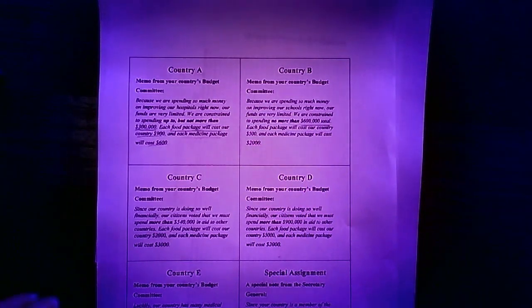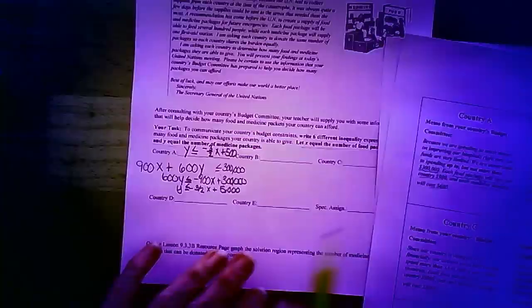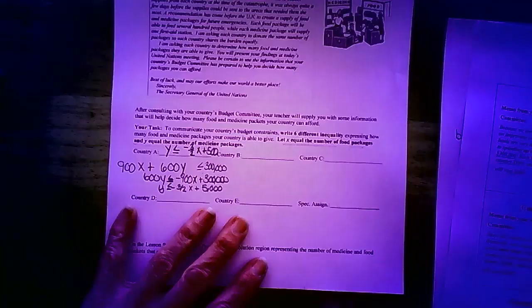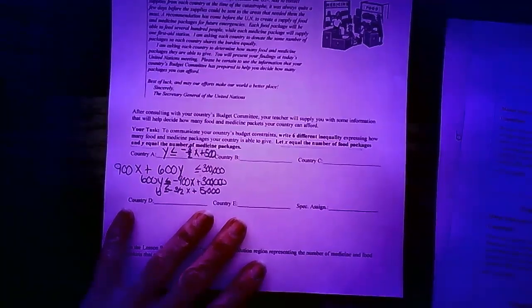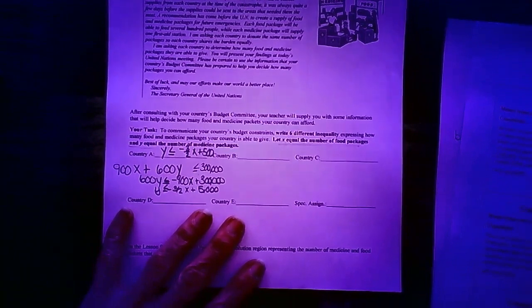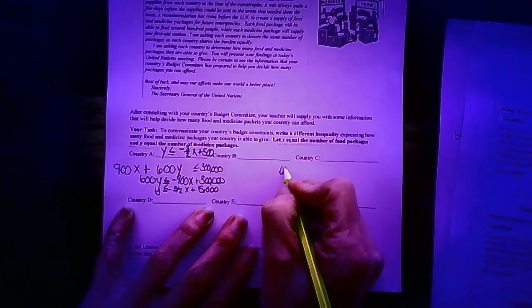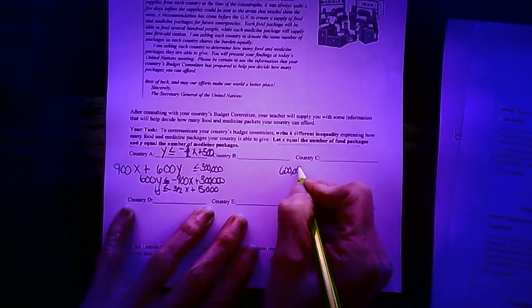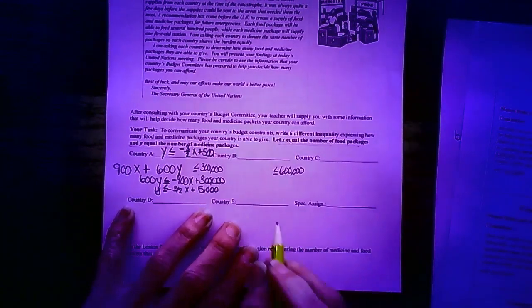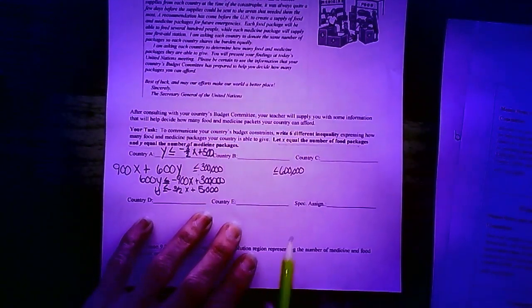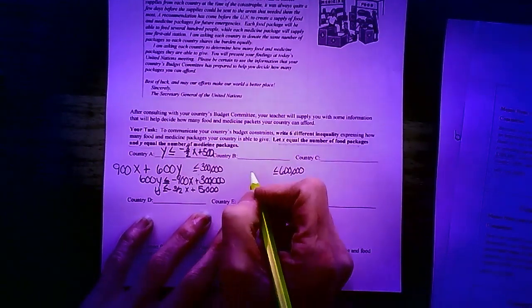So when we look at their constraint, their inequality is going to have to be less than or equal to 600,000. Now, they are once again going to donate both food and medicine.